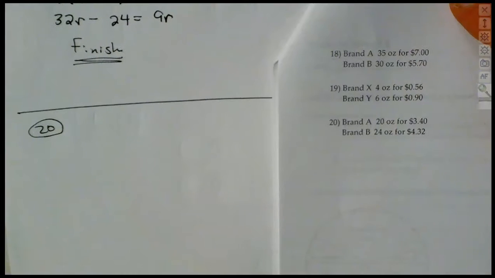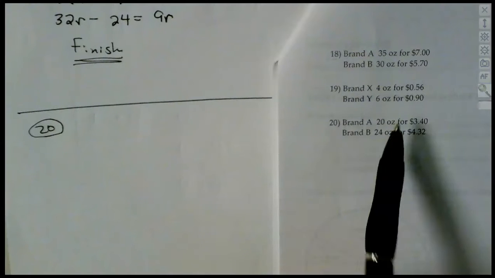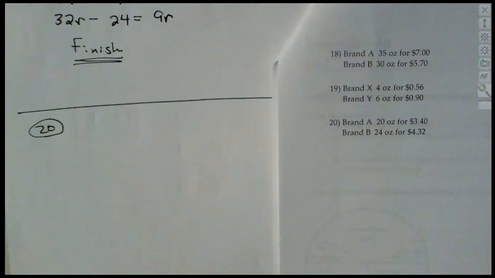So we're at the store, and we want to compare these two brands of, I don't know, maybe it's ketchup, maybe it's tomato sauce, whatever it might be. There's two brands, and they're pretty close in size, different prices. We need to figure out which one's actually going to be the better buy.